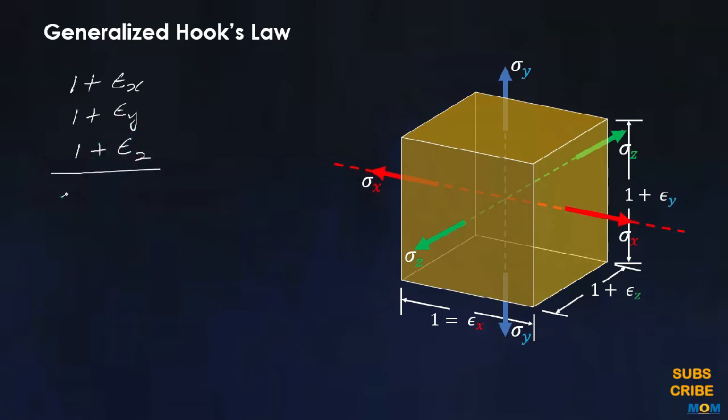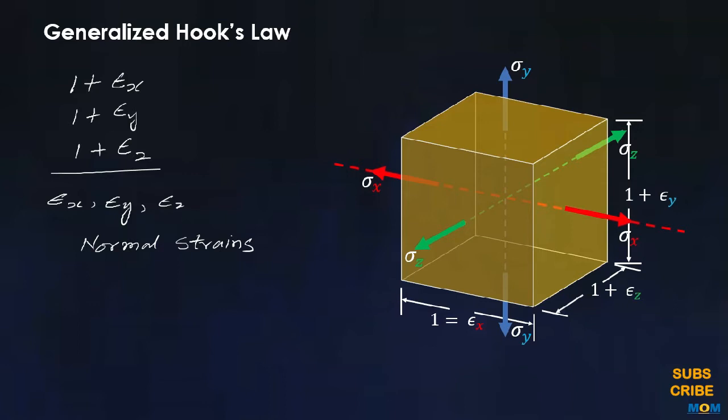Here, epsilon x, epsilon y, and epsilon z are the normal strains along the respective axes. Now these strains are expressed in terms of stress components. For that, Hooke's law is used in combination with the Poisson's ratio using the superposition method.